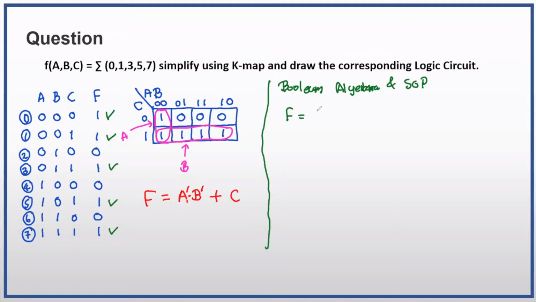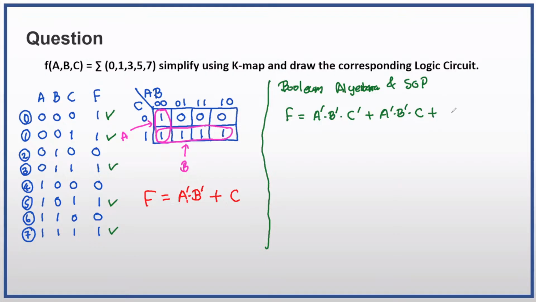Here the first one, 0, 0, 0 means A dash, B dash, C dash, plus the next one, A dash, B dash, C. Here you can see C is 1. And there should be 5 product terms, that means minterms.